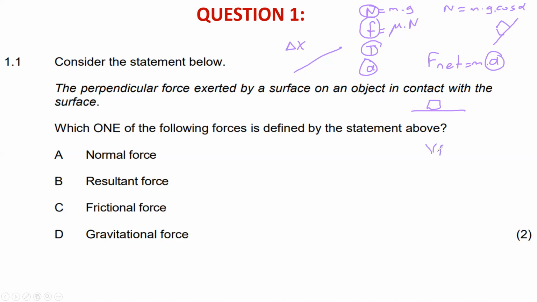For example, v final is equal to v initial plus a times delta t, or delta x is equal to v initial times delta t plus 1 over 2 times a times delta t squared. So you can use all equations of motion and calculate delta x.